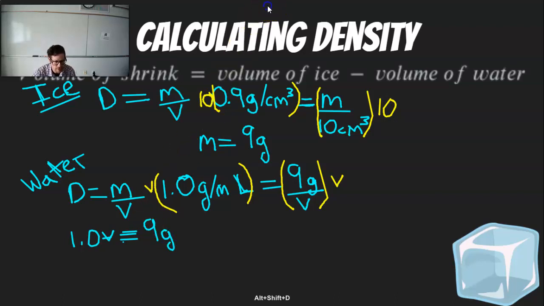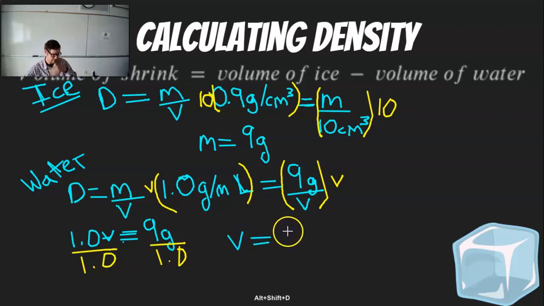Now we need to divide both sides by 1. And so what that should give us is V equals 9 cubic centimeters.